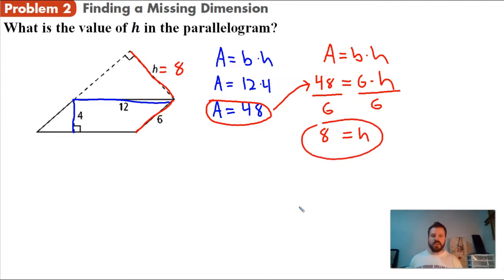All right, so that's how I can use one of the bases and heights to solve for the other height, or I suppose I could solve for the other base. In other words, figure out the total area first and then use that to solve for a missing dimension.